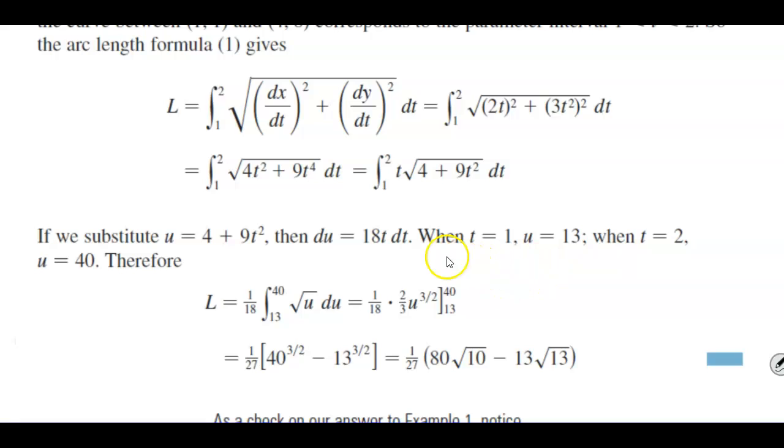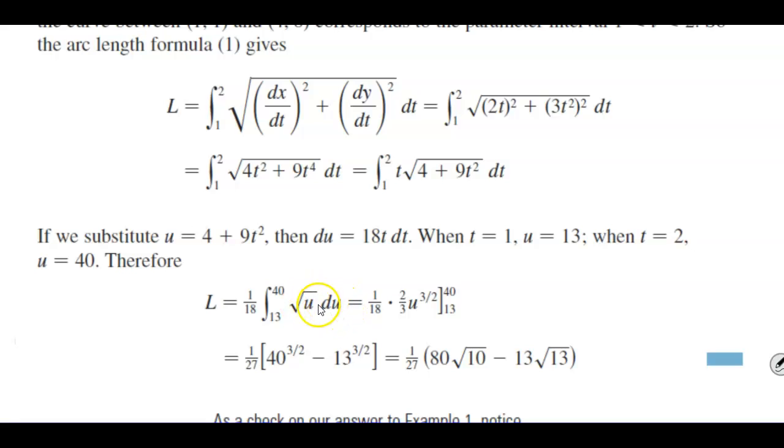So now we have an upper limit of 40, and if we solve for t dt, that is 1 over 18 du. So we can factor out the 1 over 18, and now we have the square root of u du.